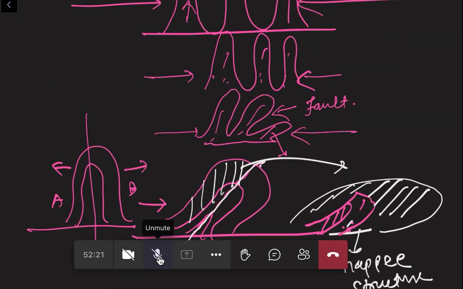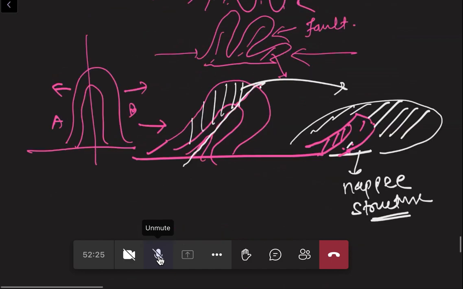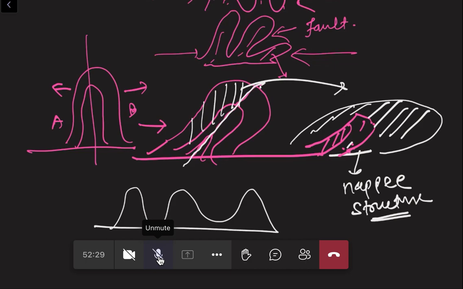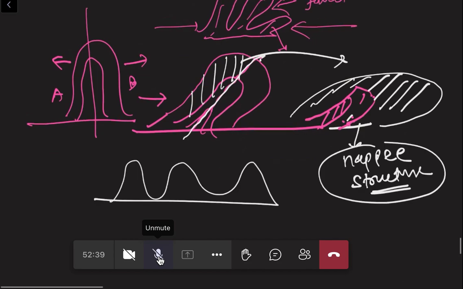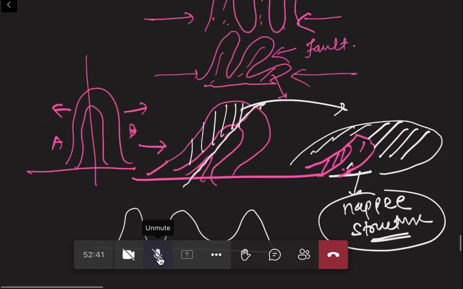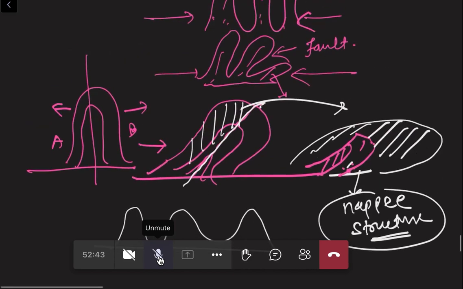So Himalayas today are not just simpler folds. They are very complex folds which include nappe structures also. There are different names also, like recumbent fold, etc. Not necessary to know all these things, but this is the complex structure of Himalayas.